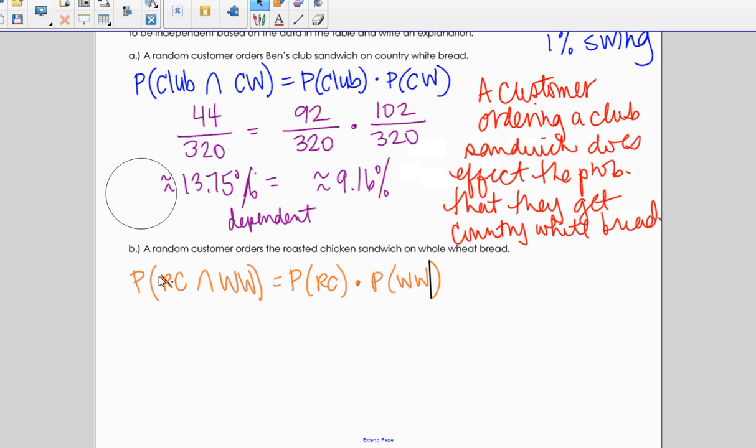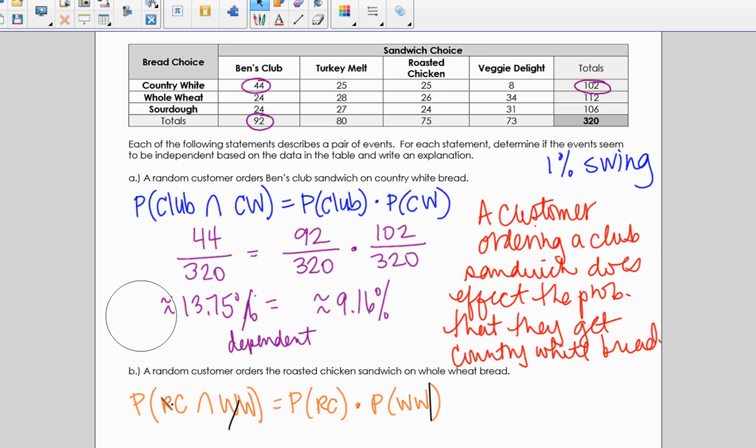So we're getting rid of all this. Let's see if it'll let me this time. There we go. The probability of roasted chicken and whole wheat bread is 26. And then the probability of roasted chicken in general is the 75, and whole wheat in general is the 112. So those are the numbers we're going to use here.